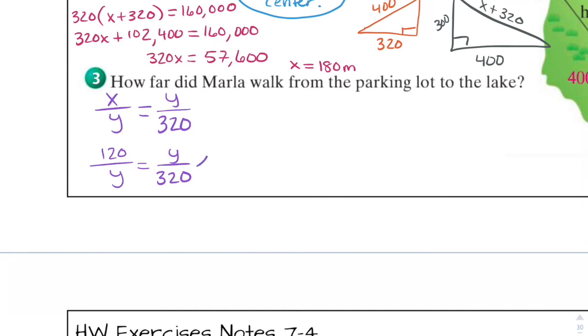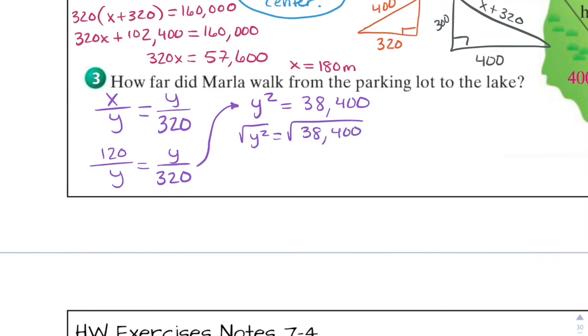I'm going to find the cross products, and we get y squared, and we're going to do 320 times 120. So y squared equals 38,400. The square root of y squared equals the square root of 38,400.